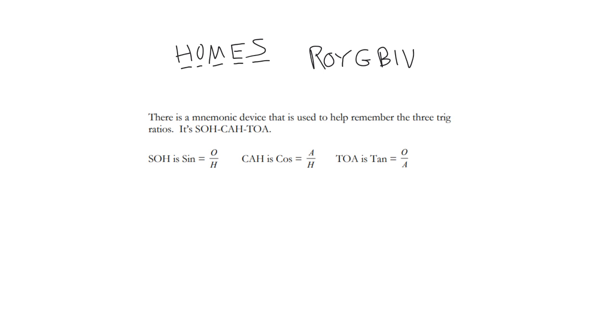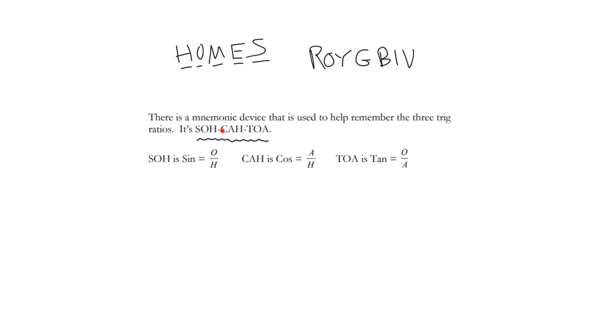Well, there's also a mnemonic device that is used to help us remember our trig ratios, and that phrase is SOHCAHTOA. Perhaps you've heard somebody say that before and you're like, what are they talking about? But SOHCAHTOA helps us remember that the S, the sine ratio, is the opposite side over the hypotenuse. So it's SOH, right?